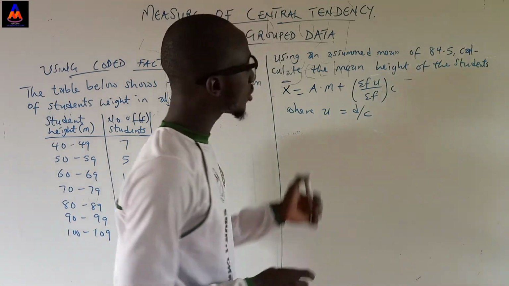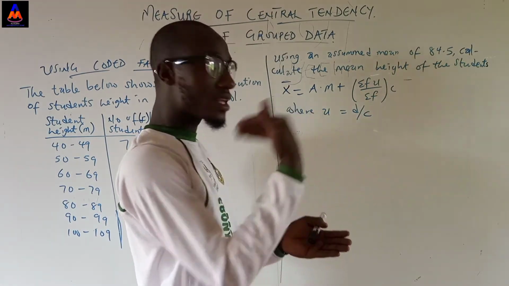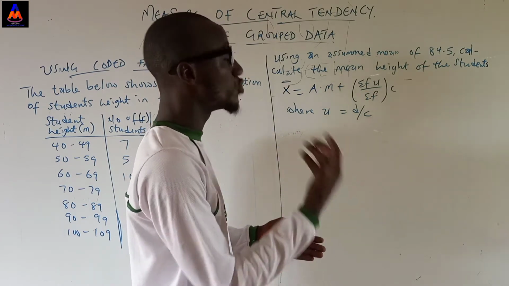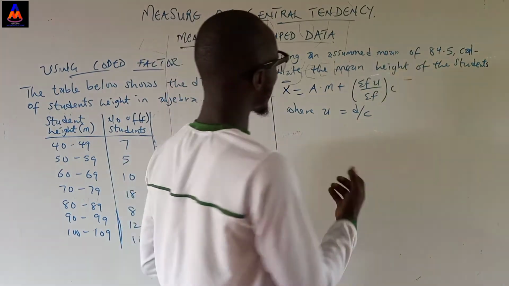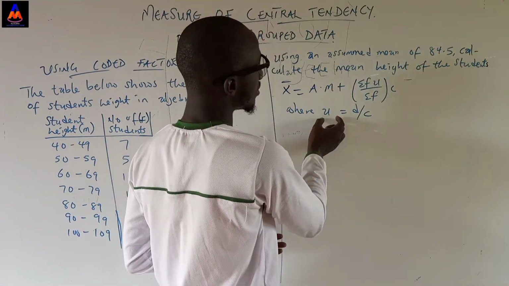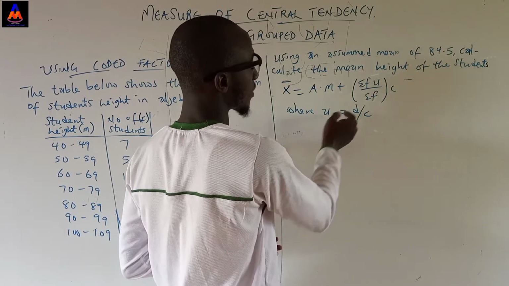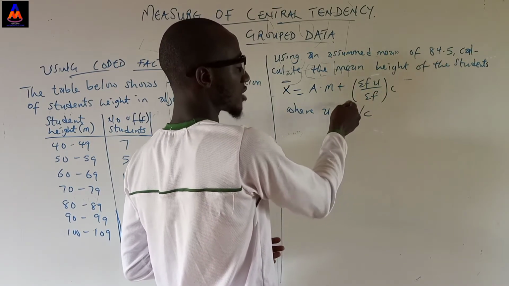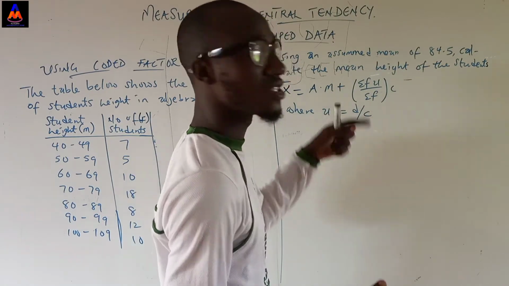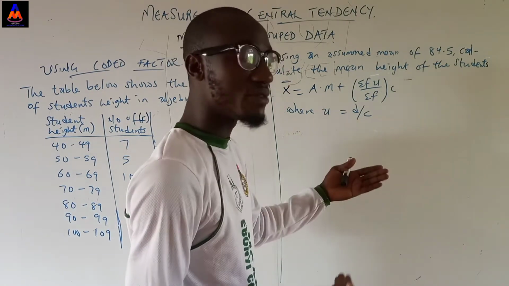It means that your coded factor has linkage with your mean deviation, with your deviation. It means that before you can get the mean of a set of data using coded factor, you must be conversant, you must be comfortable looking for the mean using mean deviation.